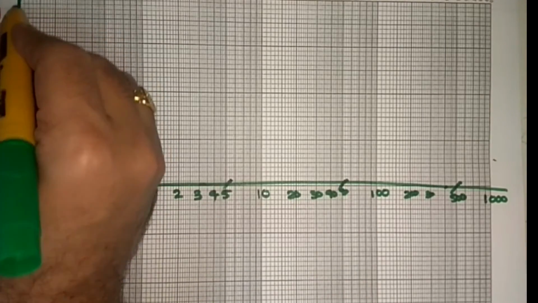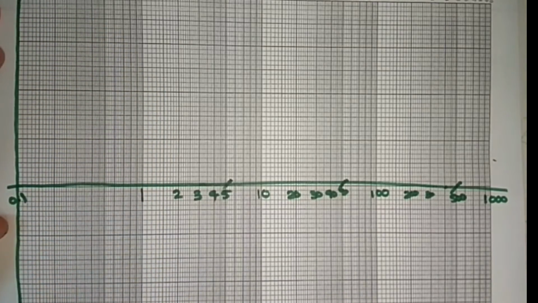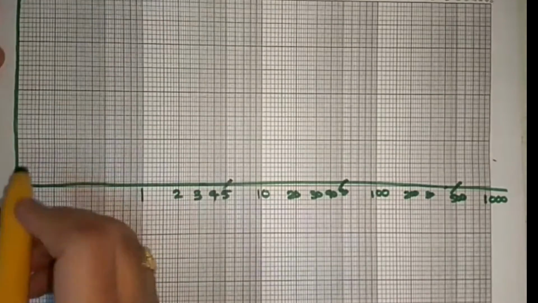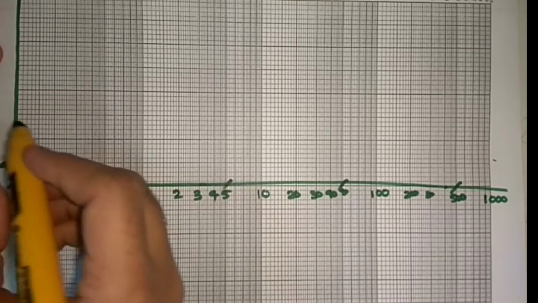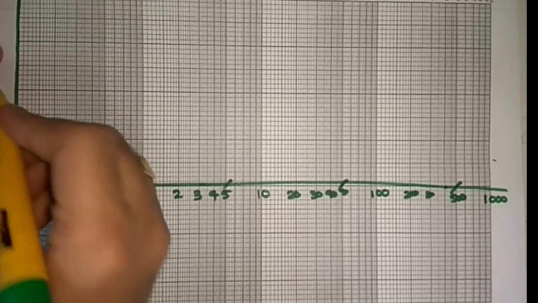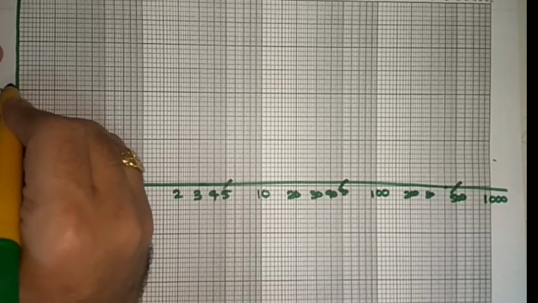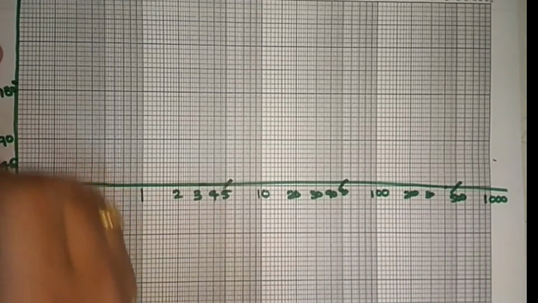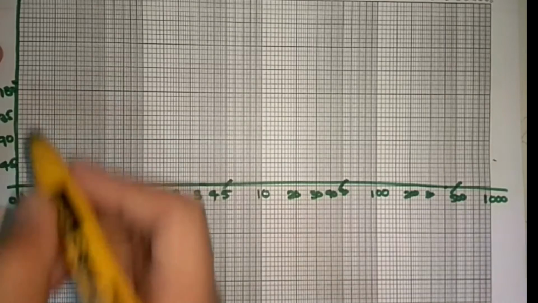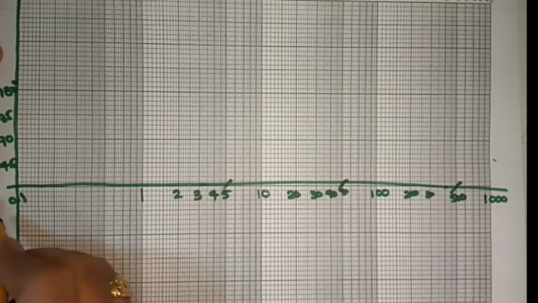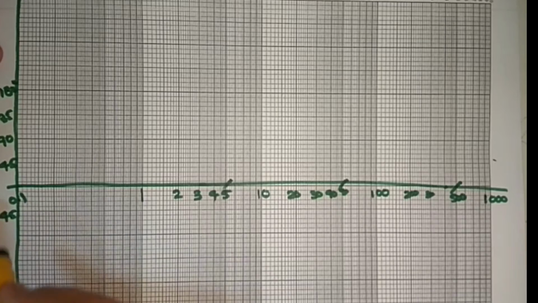And here I am taking phase. Here we will take 45, 90, 135, 180. And here minus 45, minus 90, minus 135, minus 180.